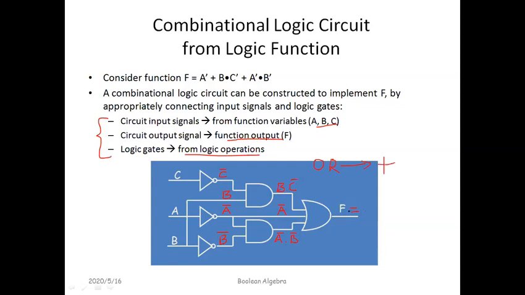So F will be equal to, we have A bar, which is this middle part, or we start from the top, B C bar, another OR, A bar B bar.